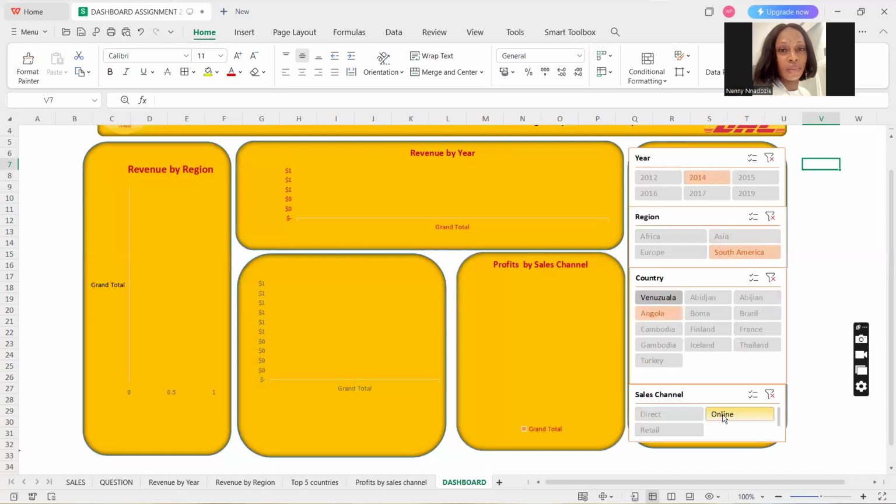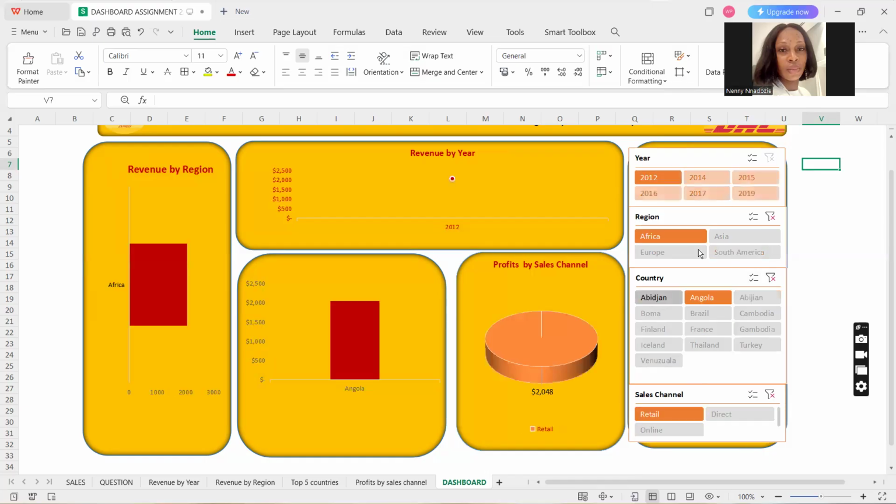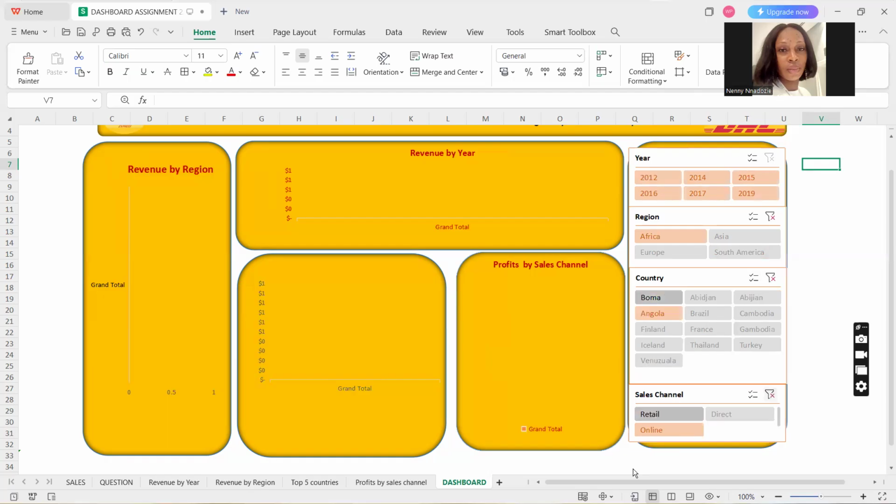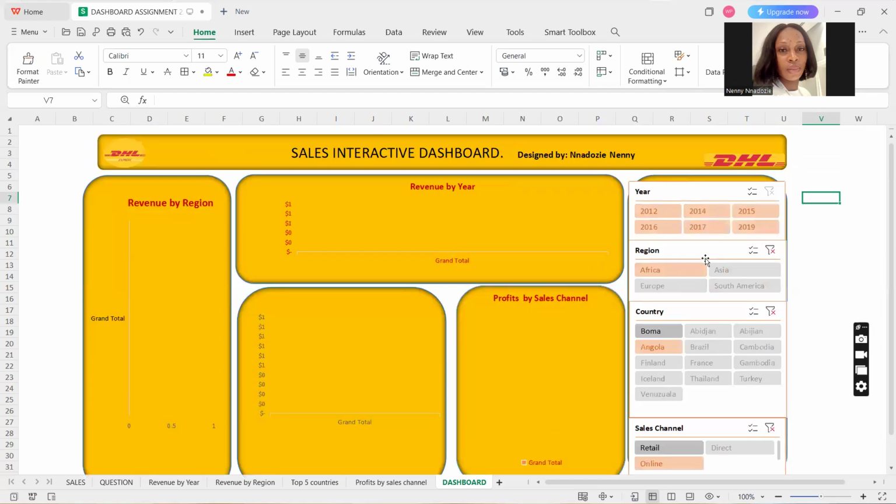But when I click on online, Angola did not use any retail during 2014. Online, they didn't use it. Angola did not use the online channel in any of these years. So this is the usefulness of this dashboard.